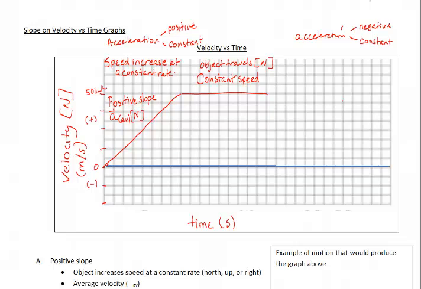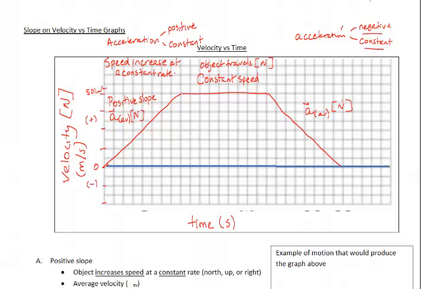So let's say the object continues to travel north, but it begins to decrease its speed at a constant rate. How would that look? It should be a straight line graph. In this case the average acceleration north is constant and negative.